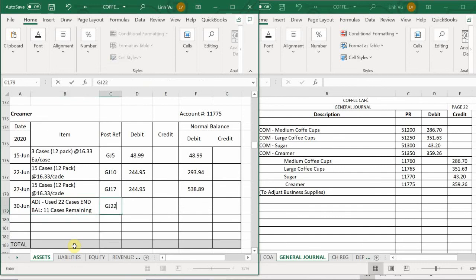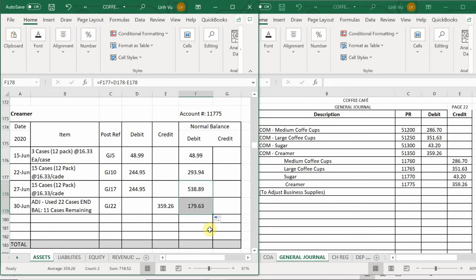General Journal 22, and the total amount of the cases is going to be 359.26. So what should be my ending balance in my Creamer account? 179.63. Okay.